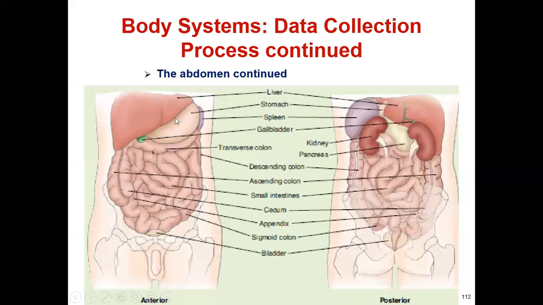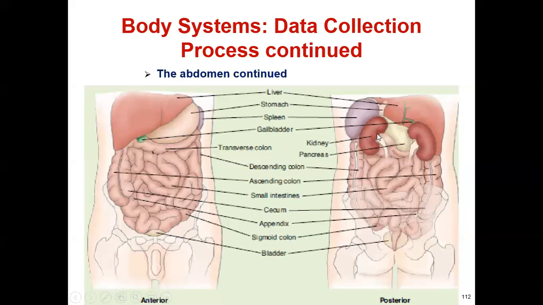The stomach occupies the left upper quadrant, and this is the spleen, and these are the colon: ascending colon, transverse colon, descending colon. Here we can see the bladder.